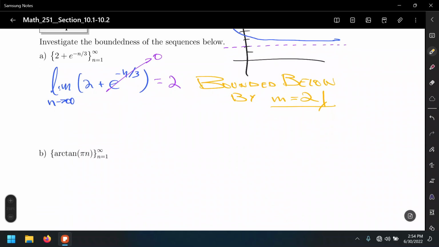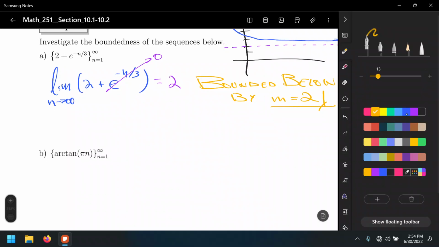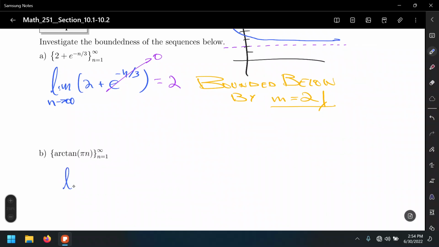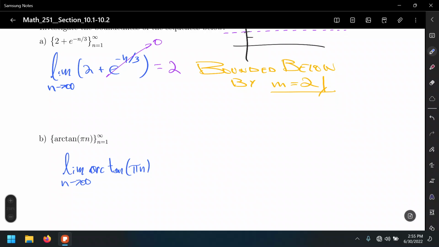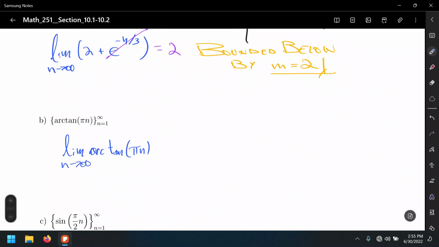Let's look at the sequence arctangent of pi n. Let's write it as a limit problem. Limit of arctangent of pi n as n approaches infinity. Well, in this case, it's important to recall how the graph of the arctan function looks.